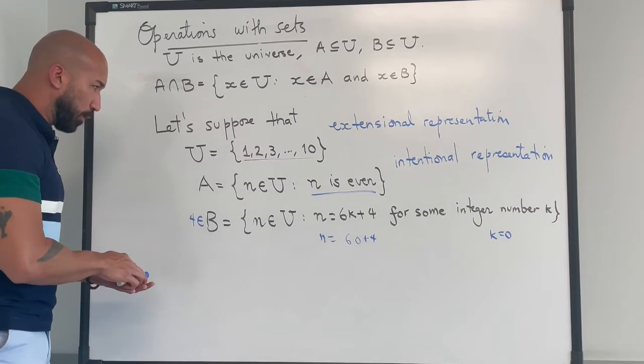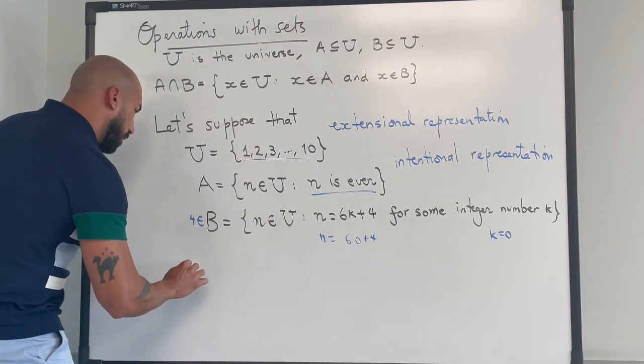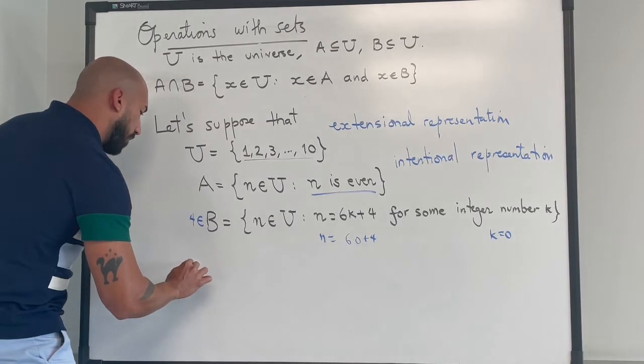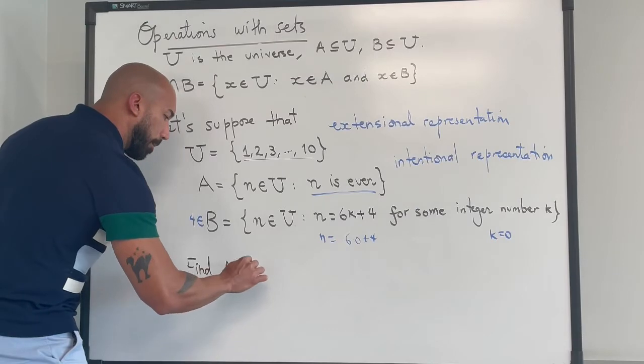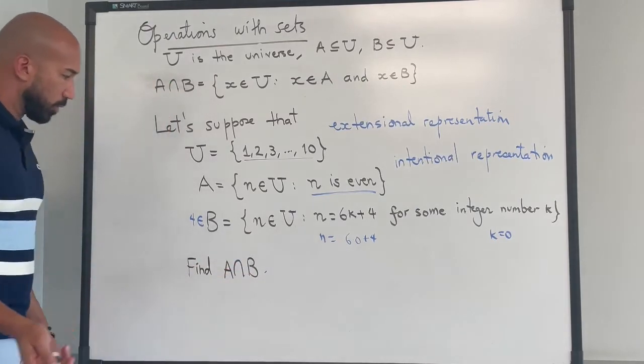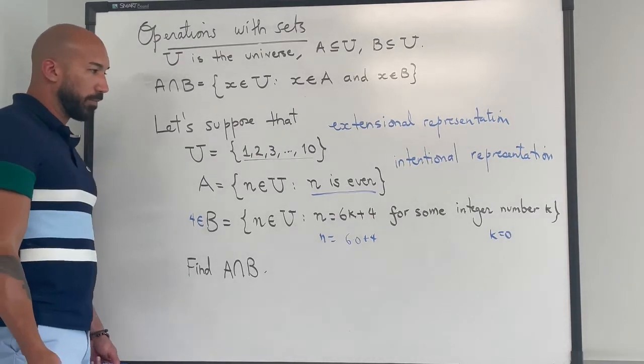Okay? And, well, we want to find now A intersection B. There are many ways in which we can solve this problem. Something that we can do is the following.